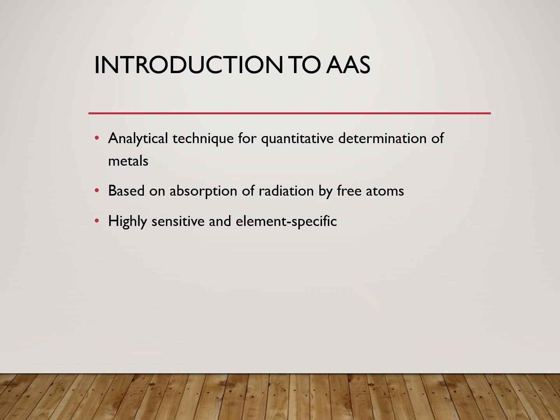The method is based on the absorption of electromagnetic radiation by free atoms in the gaseous state. Atomic absorption spectroscopy is highly sensitive and selective, making it one of the most widely used techniques for metal analysis.